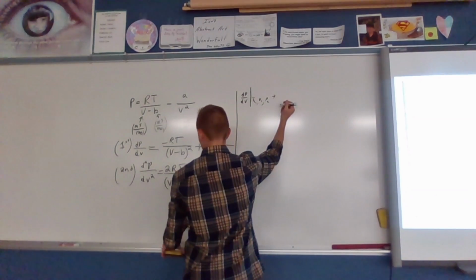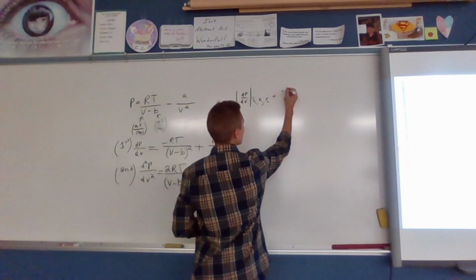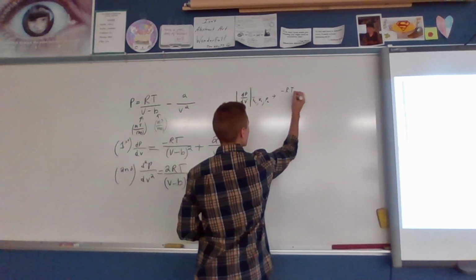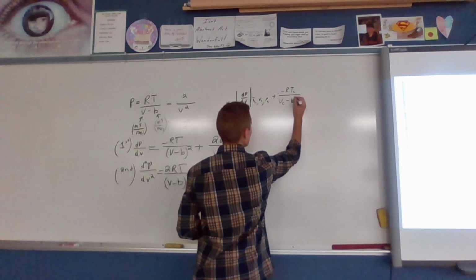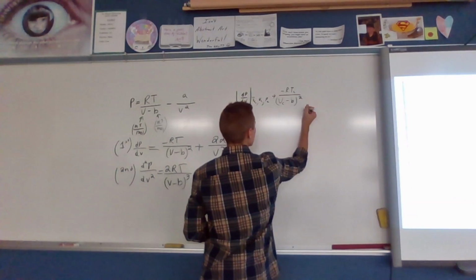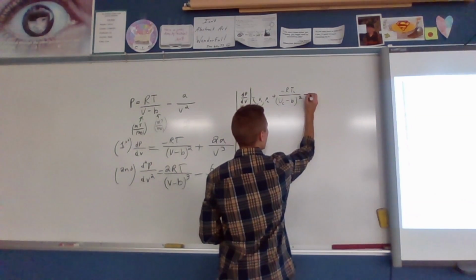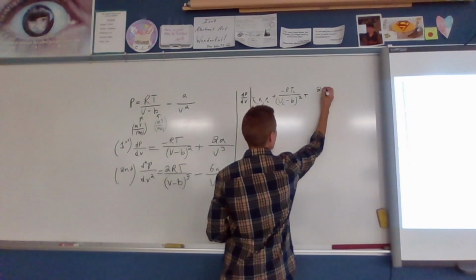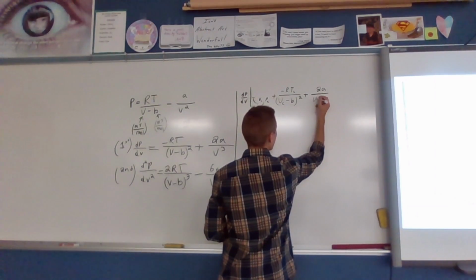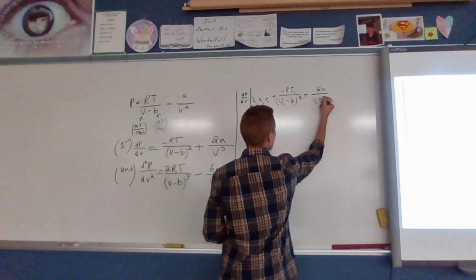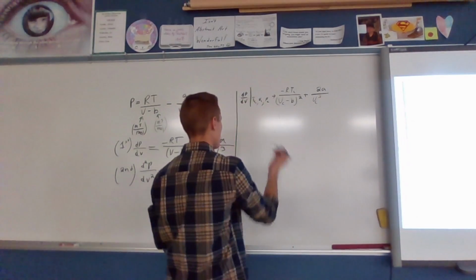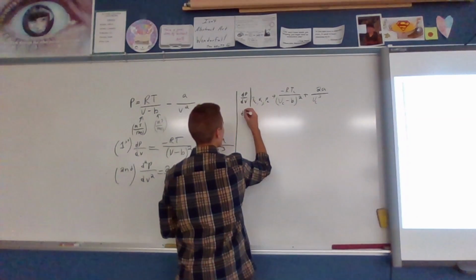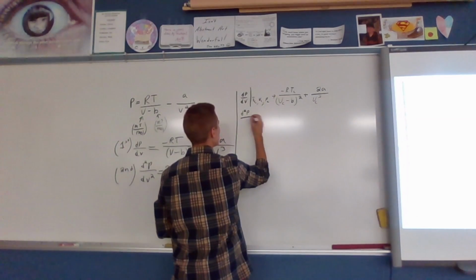So this goes to minus R times critical temperature over the critical volume minus b, squared, plus 2 times our A parameter over our critical volume. I think this would be cubed. Yeah. And we'll do the same thing up here for our second derivative.